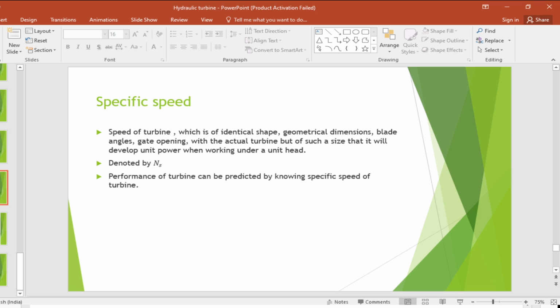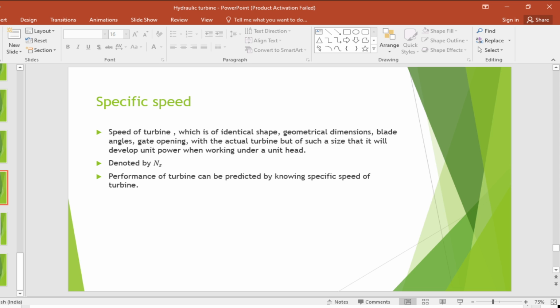The specific speed is used in comparing the different types of turbines, as every type of turbine has different specific speed.